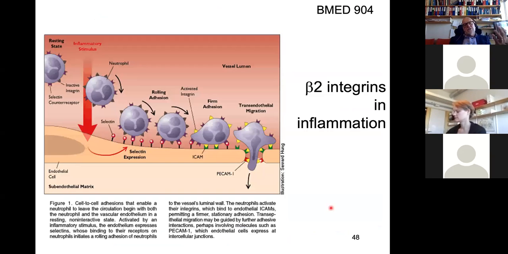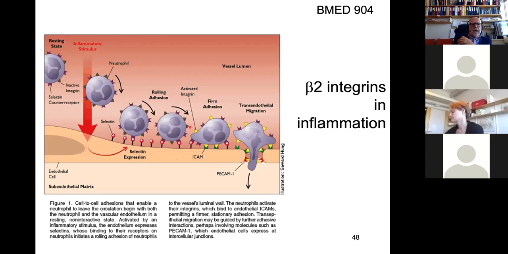The other instance where integrin activation is important is during inflammation. Leukocytes, in order to go into the site of inflammation, first need to bind to the vascular endothelium and extravasate.